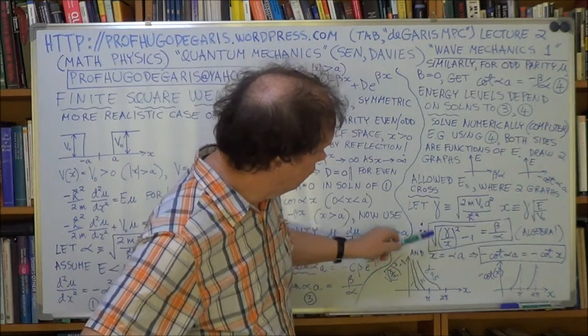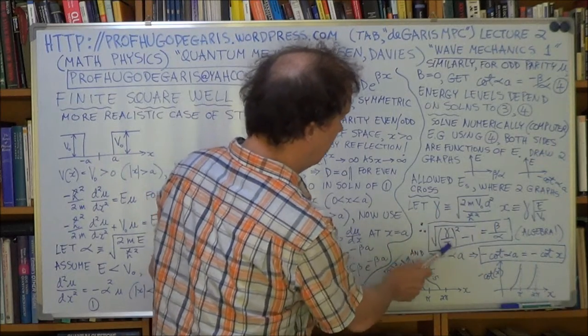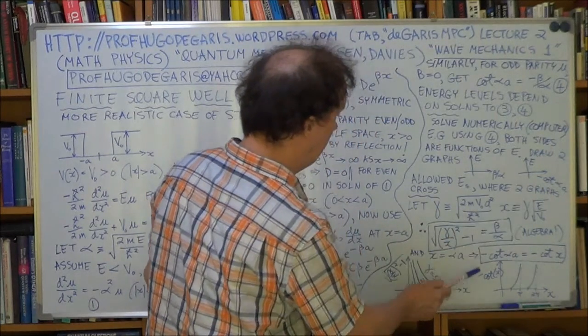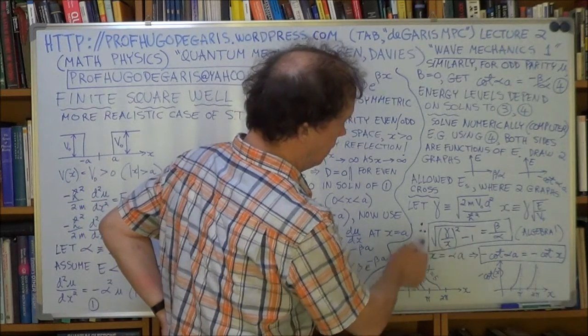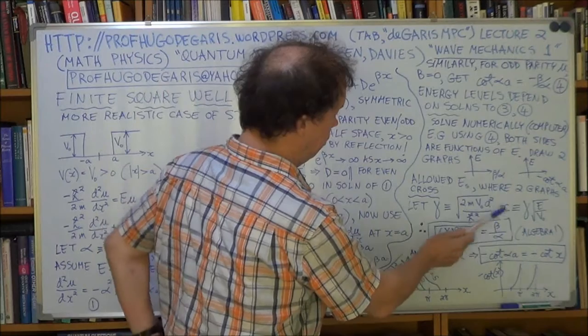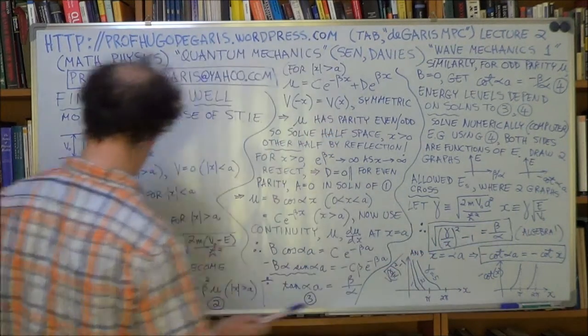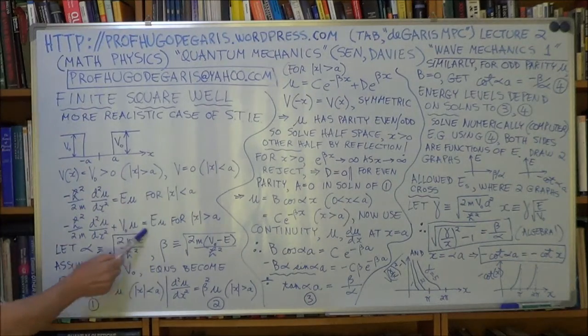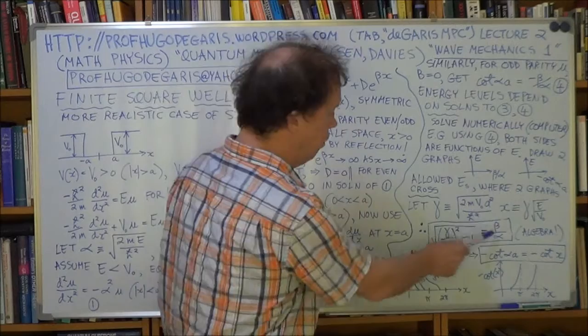So if you do that, now you know what gamma is. Here's gamma. You know what x is. That's given, right? So work out what the left-hand side should be, and you will find it's equal to beta over alpha. Now you know what beta and alpha are. Here's your alpha, here's your beta, right? So do the math.